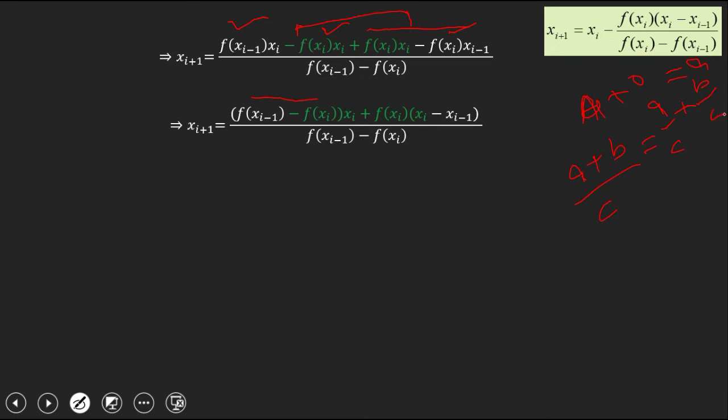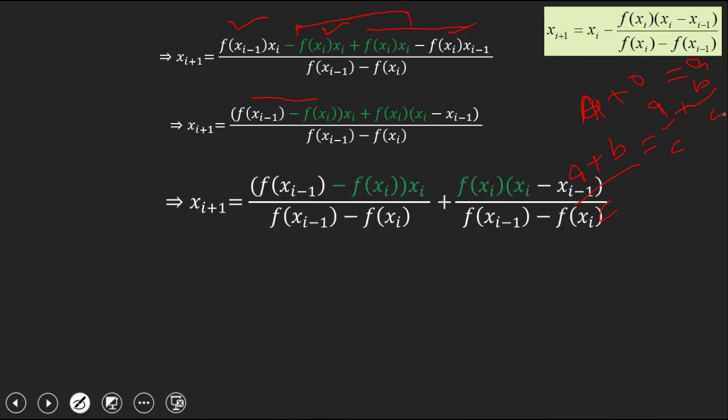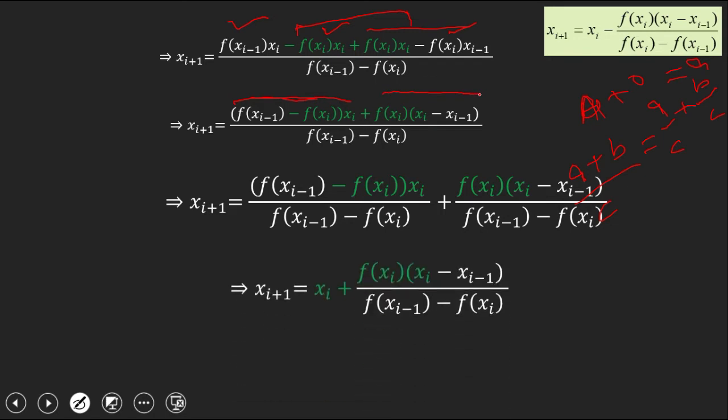Now I'm just doing that. I write f of xi minus 1 minus f of xi as the denominator of this term, and separately as the denominator of the other term. This term will be cancelled out with this term. We will get xi plus f of xi into xi minus 1 divided by f of xi minus 1 minus f of xi.